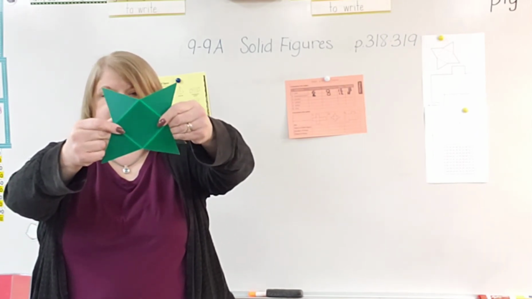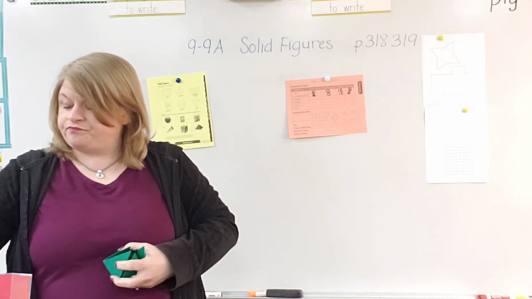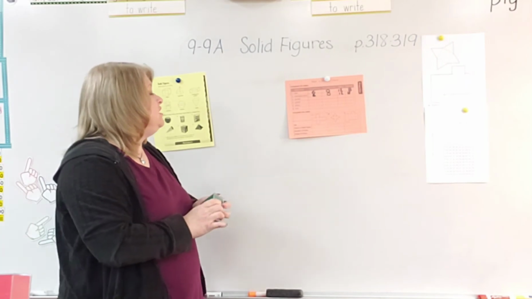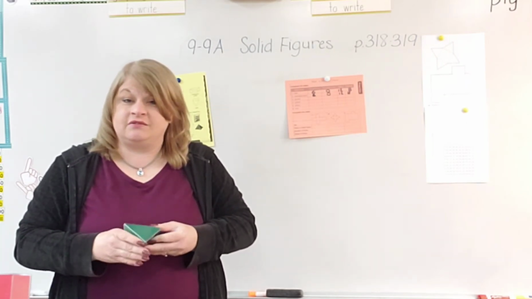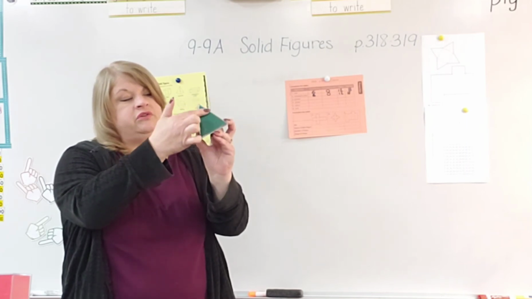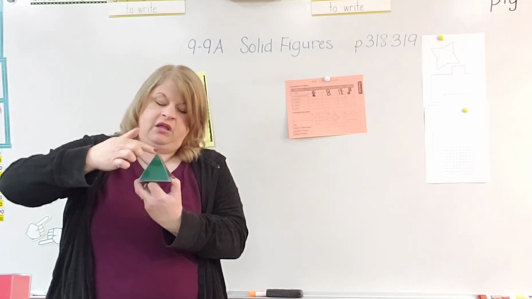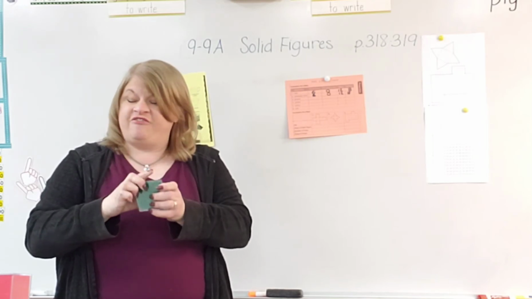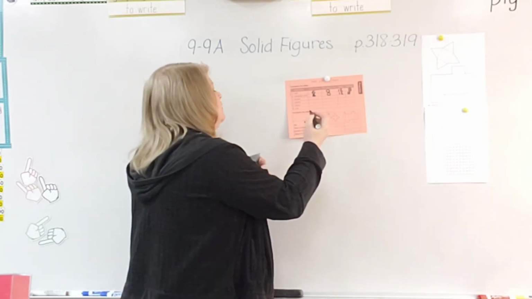All right, so that's how it looks on the inside. Before the net. All right, first thing it wants to know is how many flat surfaces. So we have 1, 2, 3, 4, 5. 5 flat surfaces.